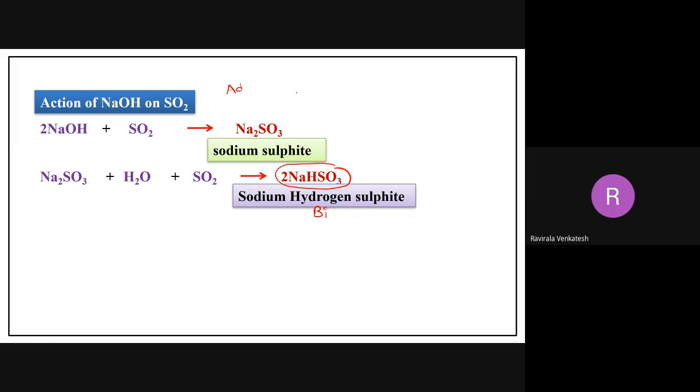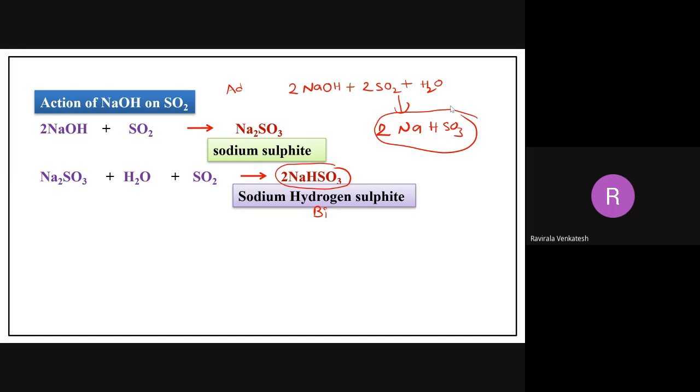So this reaction I can also write like this. 2 moles of NaOH reacting with 2 moles of SO2 plus 1 mole of water, you are going to get 2 moles of sodium bisulfite, isn't it? This is the byproduct you are going to get here.